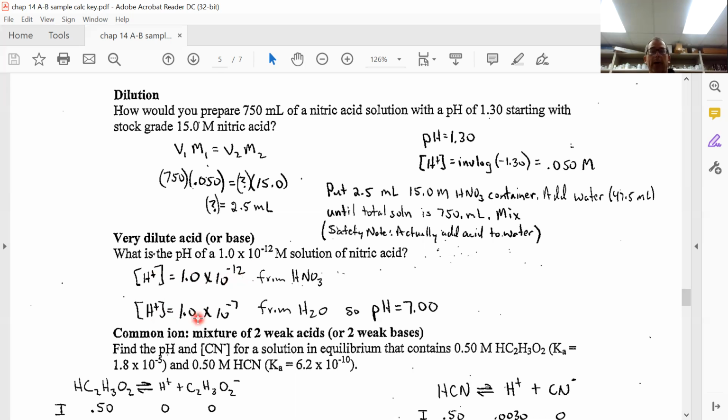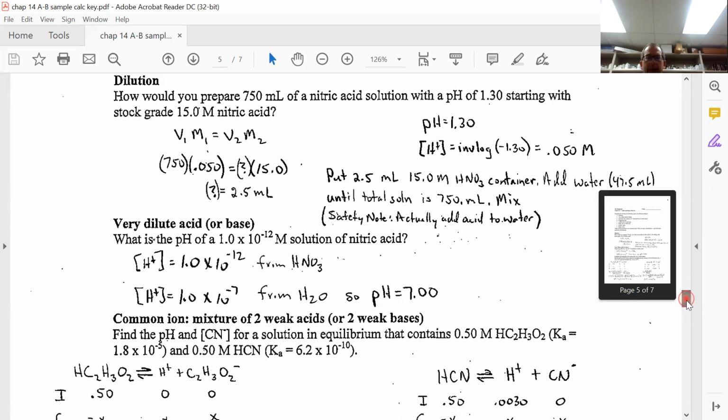There's also water, which has an H plus concentration of 1 times 10 to the negative 7. So the water will dominate here. The acid will contribute nothing to the pH, and it will remain neutral. You're not going to combine an acid with neutral water and get a base. The water dominates because the acid is such a trace amount, and it just remains a neutral pH.